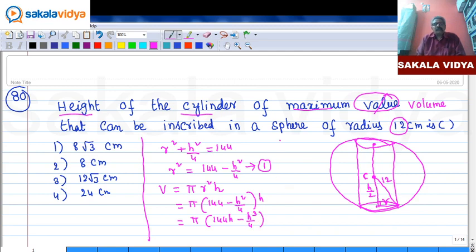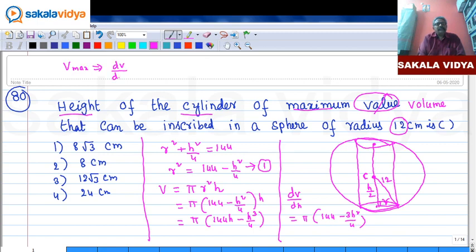Here we need to do dv by dh for V maximum. dv by dh is equal to pi into 144 into h differentiation 1, h cube is 3h square by 4. So for V maximum, dv by dh equals 0, which means this must be 0.